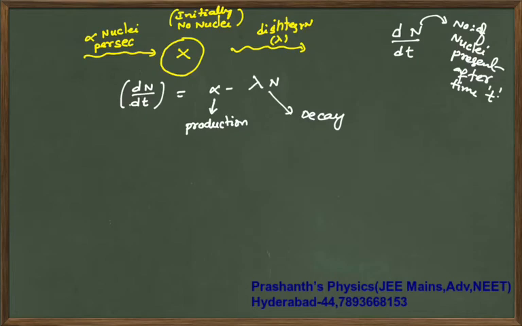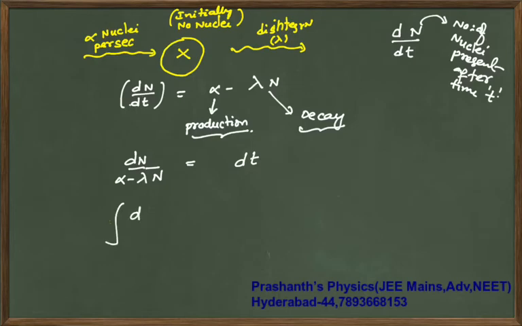Or else there will be disintegration. If it is happening too fast, there will be no nuclei present at all, and the X value will be 0. So your produced values are this much, decayed values are this much. Now if you do the transformation, dN by (alpha minus lambda N) is equal to dt.